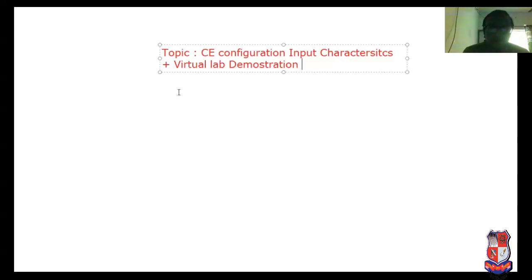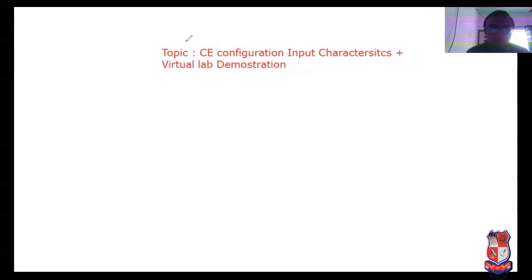Now see, first of all I have sketched the common emitter circuit diagram. So see this is the circle. See this is the emitter.